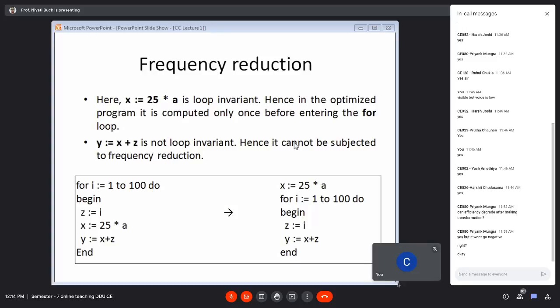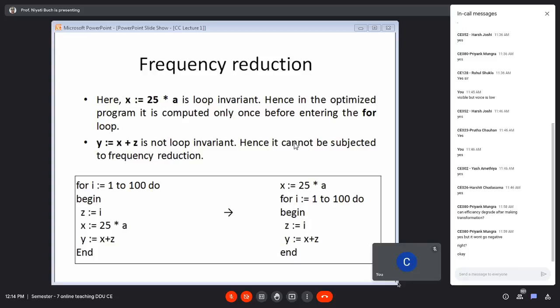Now if you observe, the value of X is not going to change, because it is not dependent on the loop. So if you calculate the value of X outside the for loop, the behavior of the program is not going to change. Such code is called loop invariant code.